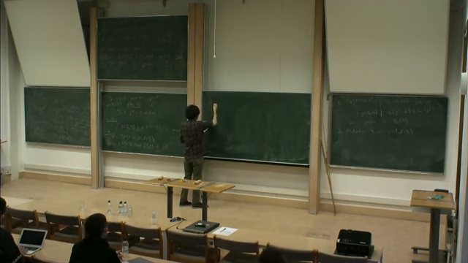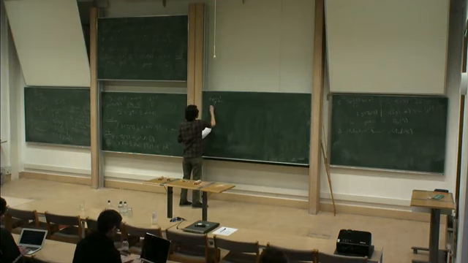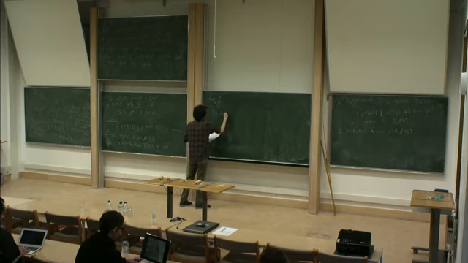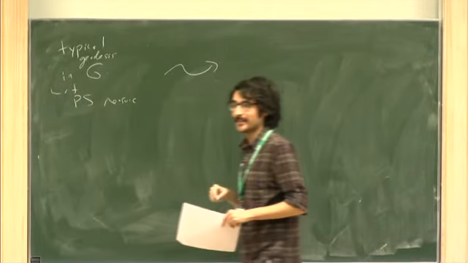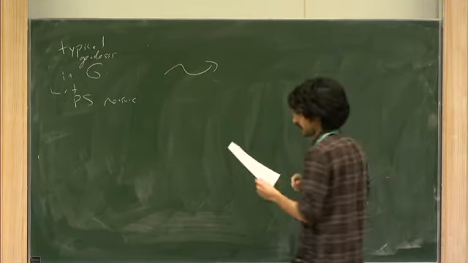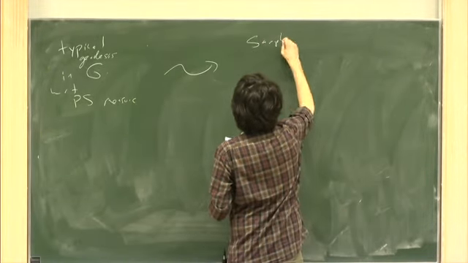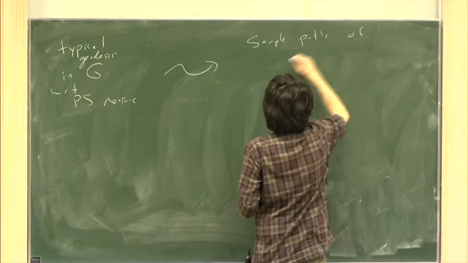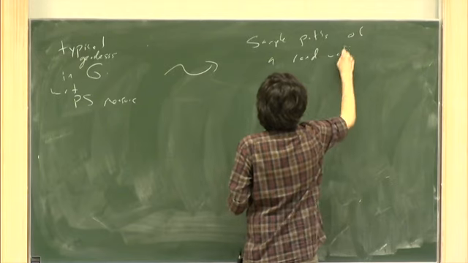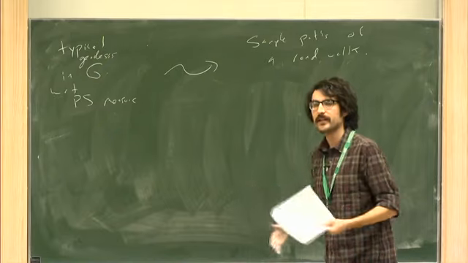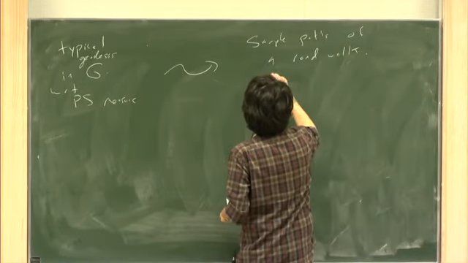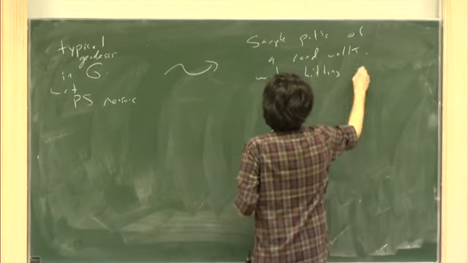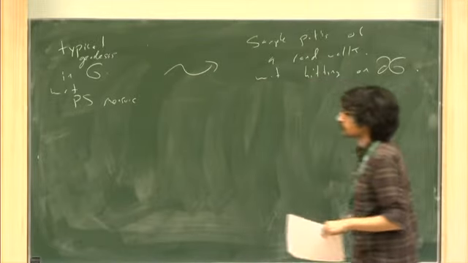What we'd like to do is to take typical geodesics in G, so this is with respect to Patterson-Sullivan measure, and translate these into sample paths of a random walk, where the Patterson-Sullivan measure at infinity gets translated to the hitting measure on the boundary of G. Okay.